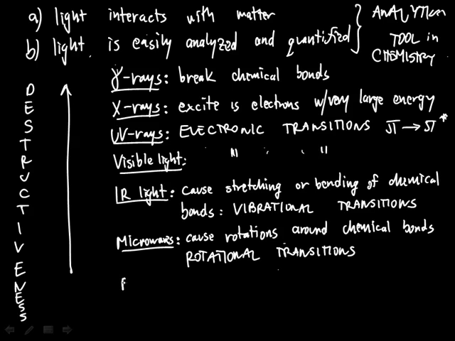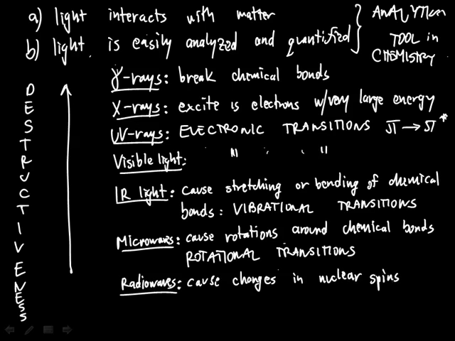Now going even lower in energy, we'll get to radio waves. And radio waves don't even have enough energy to do this, and so they cause a very small change in nuclear spin. So they don't have anything to do with electrons. Okay?